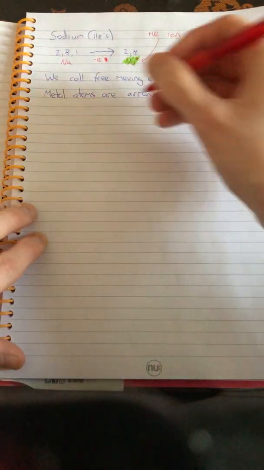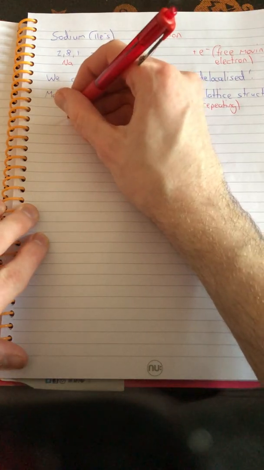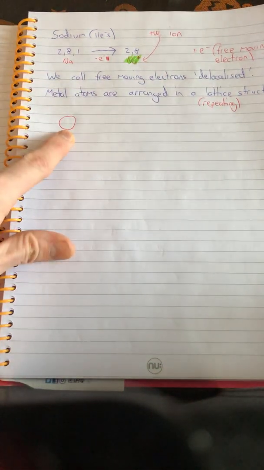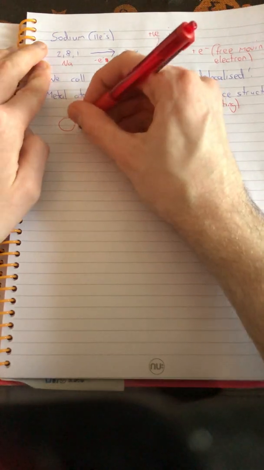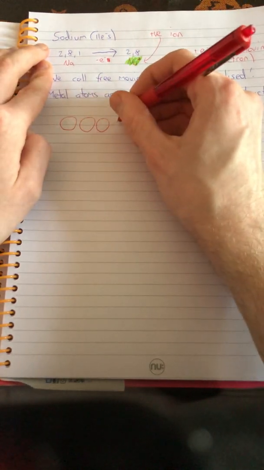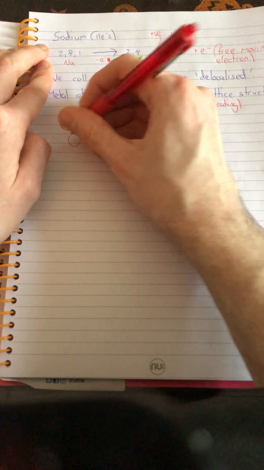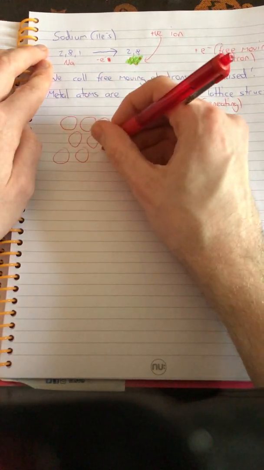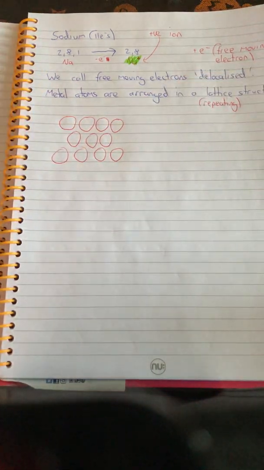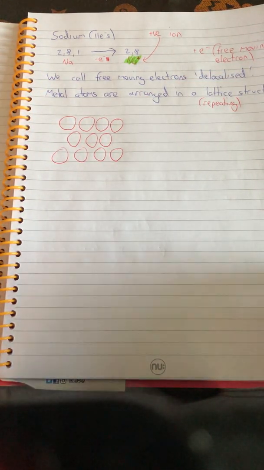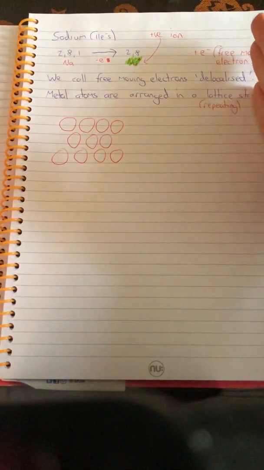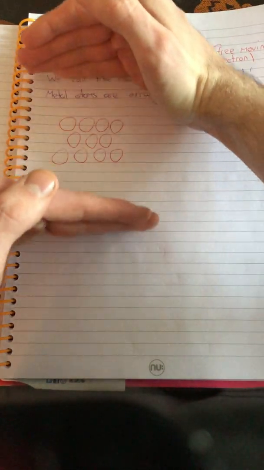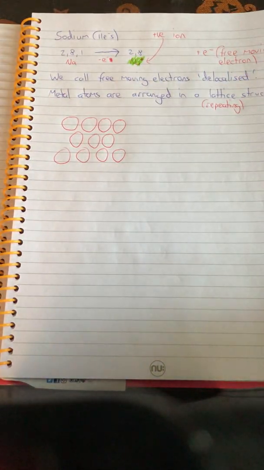So what I mean by that is that's one atom. Okay, that's 2 atoms, 3 atoms, 4, 5, 6, 7, 8, 9, 10, 11 atoms. Okay, now because it's a lattice, what we mean by that is that repeats going in that direction and it repeats going in that direction. I just don't have enough paper to draw them all.